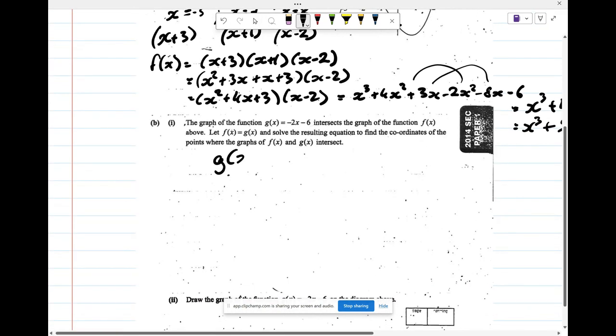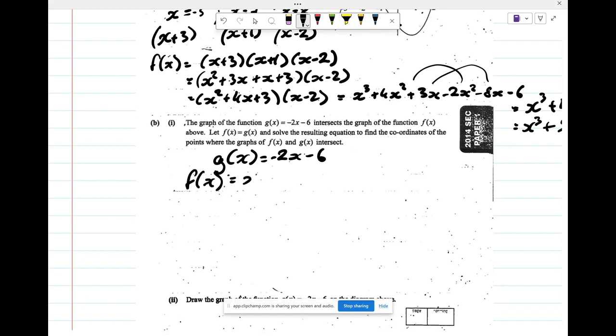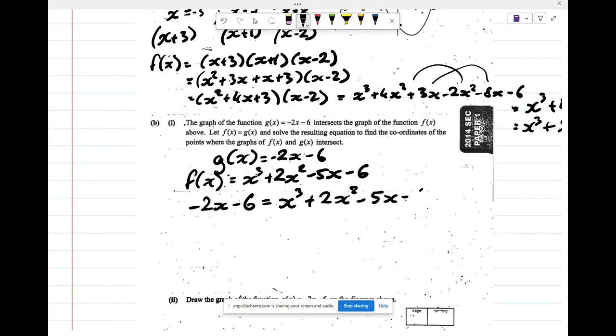So g of x is equal to -2x minus 6, and we know that f of x above was x cubed plus 2x squared minus 5x minus 6. So let's let those equal to each other. Minus 2x minus 6 is equal to x cubed plus 2x squared minus 5x minus 6. We can see the 6's are going to cancel straight away.